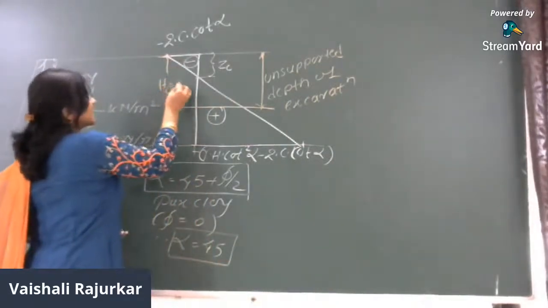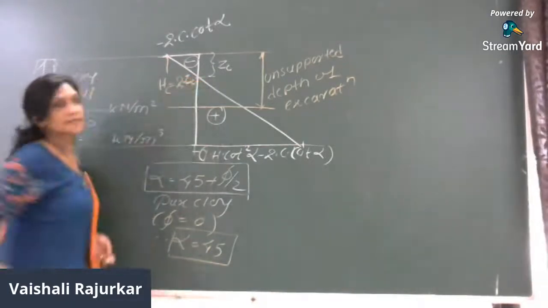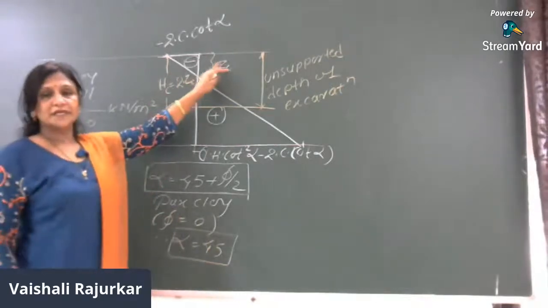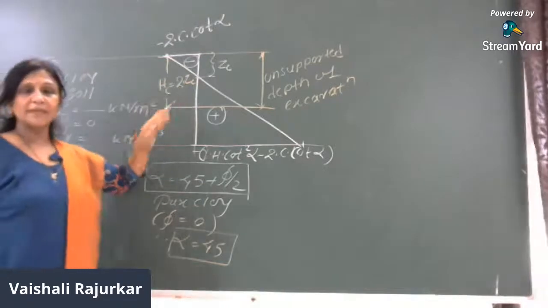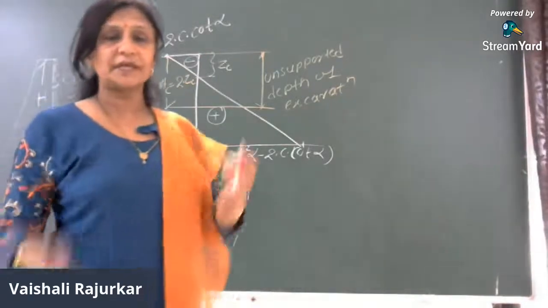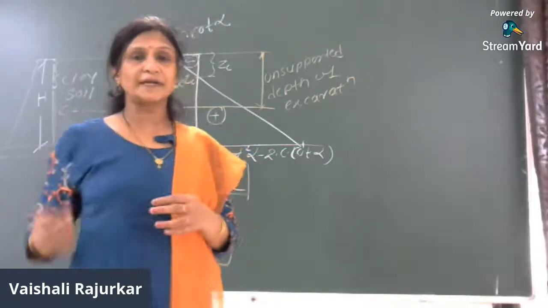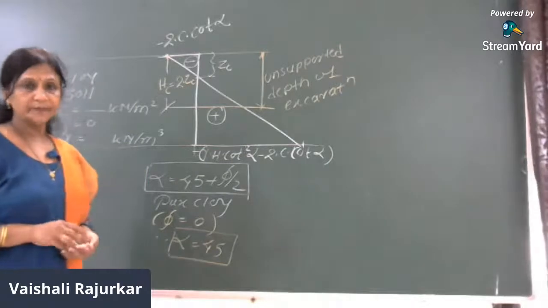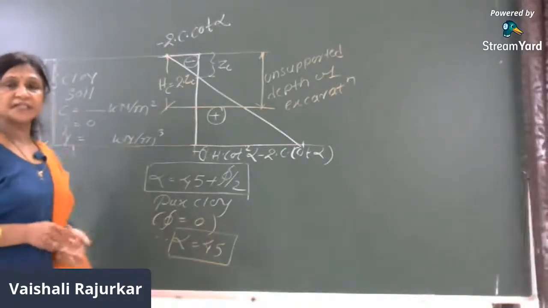So this HC is equal to twice ZC. Suppose the depth of potential crack is 1 meter, so in that case the soil can be stabilized up to a depth of 2 meters when we make the excavation into such soils. After 2 meter depth, we have to provide a lateral support in the form of shoring and dressing, right? So in this case, how is the pressure calculated?